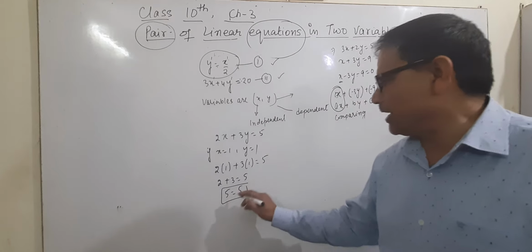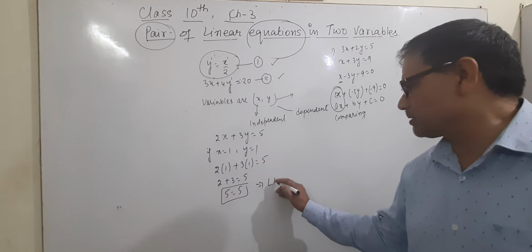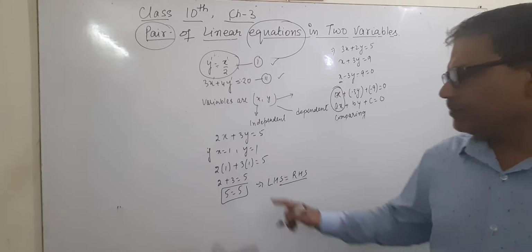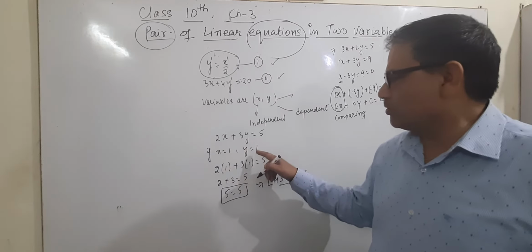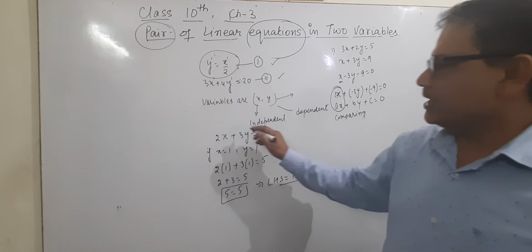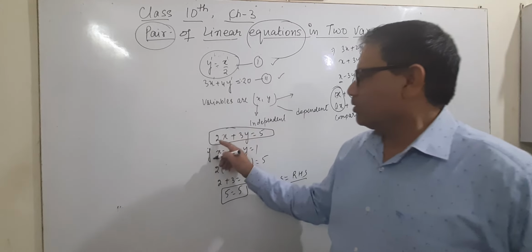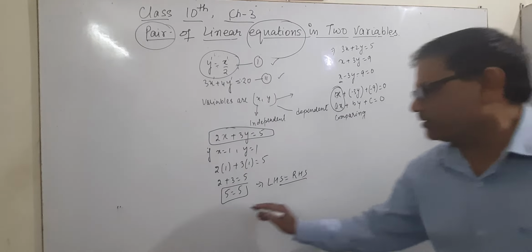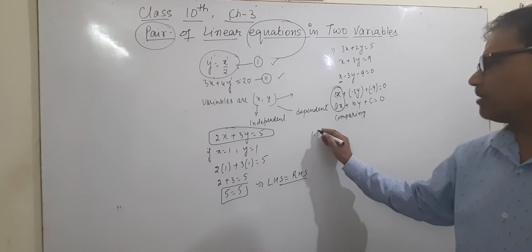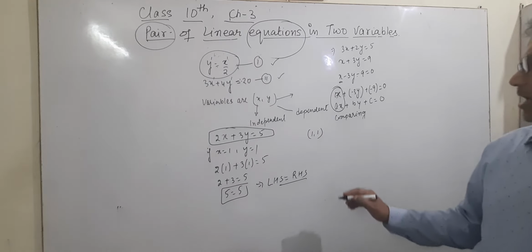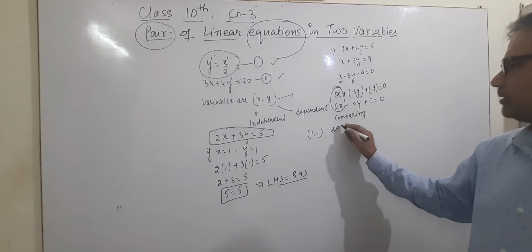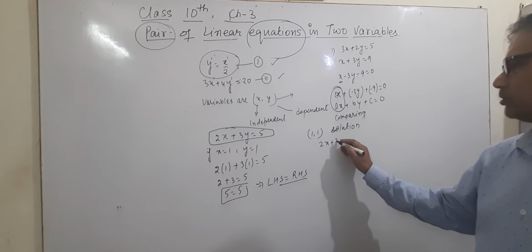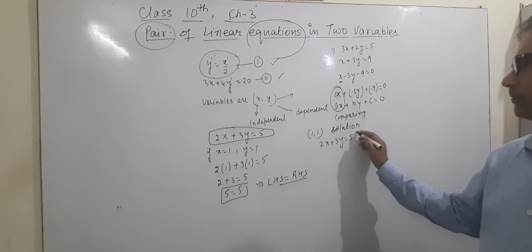It means LHS is equal to RHS. So the value of x equal to 1 and value of y equal to 1 satisfy 2x plus 3y is equal to 5. Then we can say 1 comma 1 is our solution of 2x plus 3y is equal to 5.